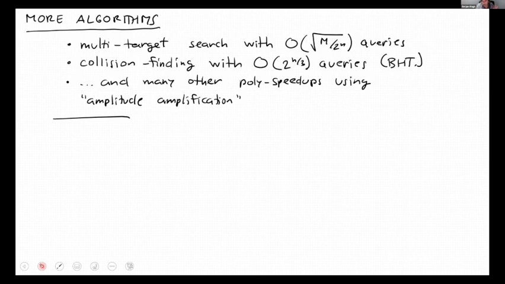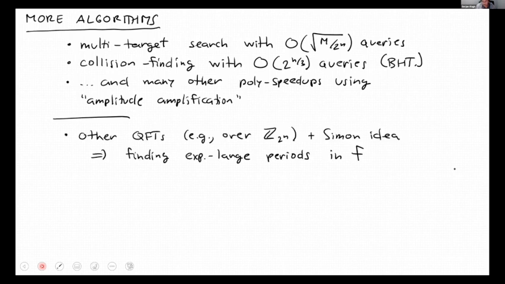So that's in the direction of Grover-like quantum speedups. The other direction follows the ideas of Simon's algorithm, which has more to do with symmetry finding, based on the quantum Fourier transform.